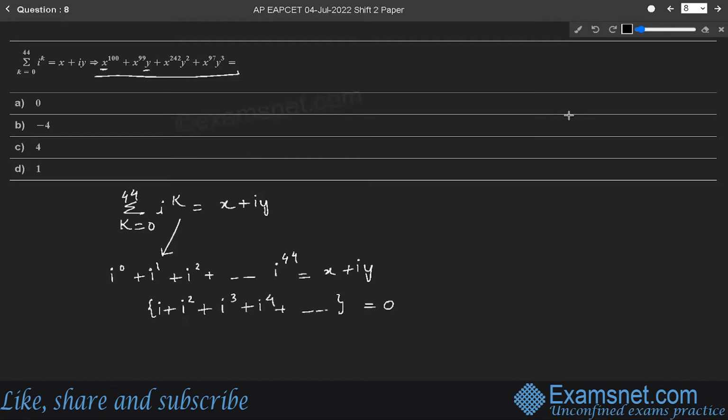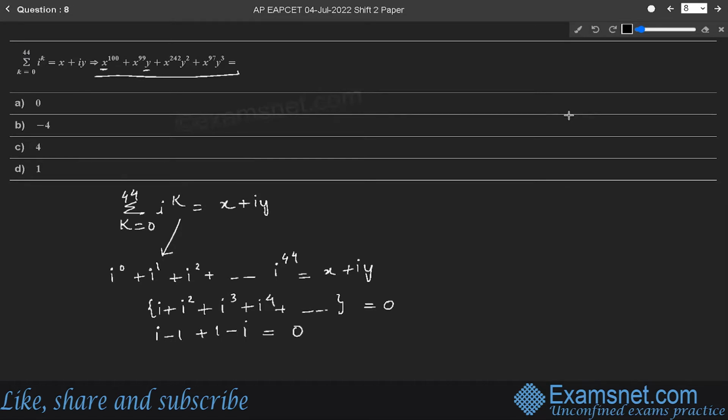We know that i square is equal to minus 1. So the series will be i minus 1 plus 1 minus i, which will be 0 again, because wherever i square appears there will be minus 1, so the terms cancel.